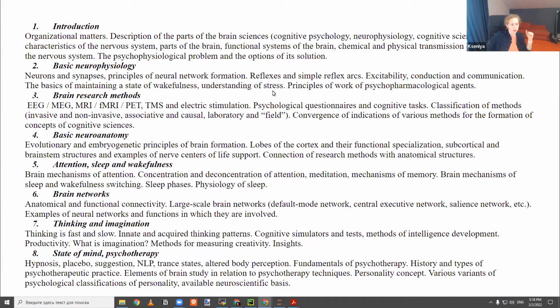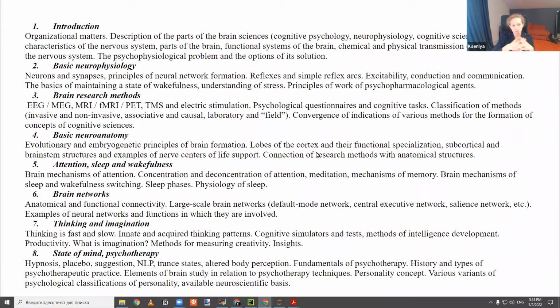Then we will have a lecture about brain research methods, EEG, MEG, MRI, fMRI, and so on. Some history of these methods and the difference between them, and how we can use them. Then we'll have a lecture about basic neuroanatomy. There are a lot of different parts of the brain, and we know something about their functions and their connections with each other.